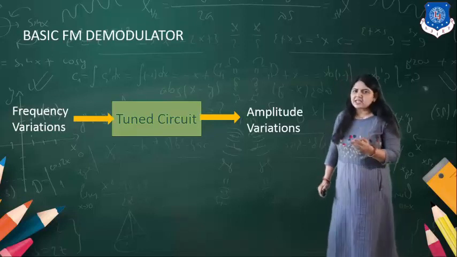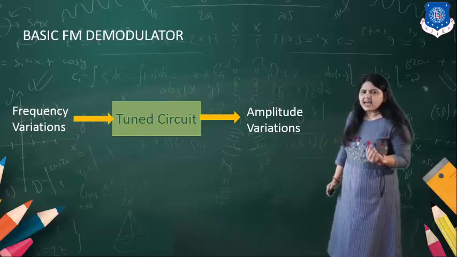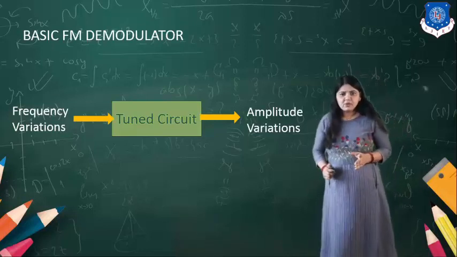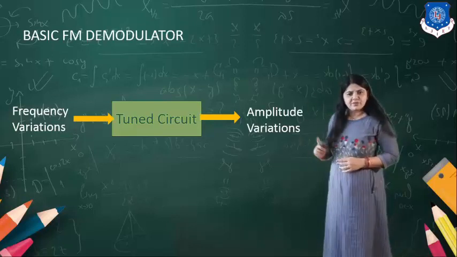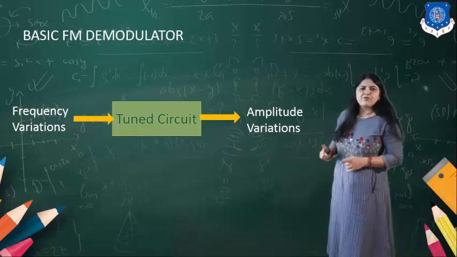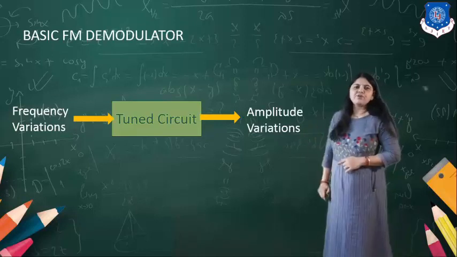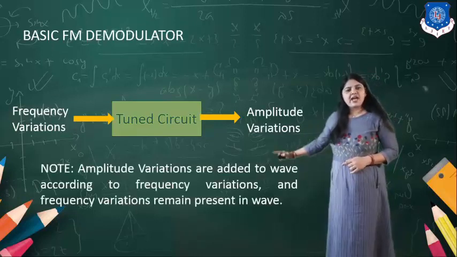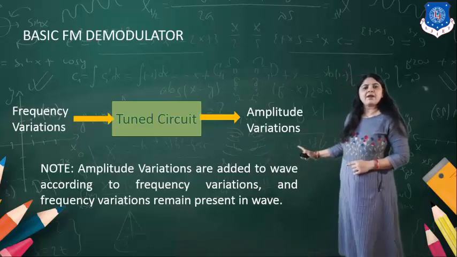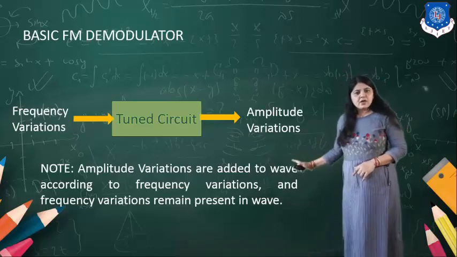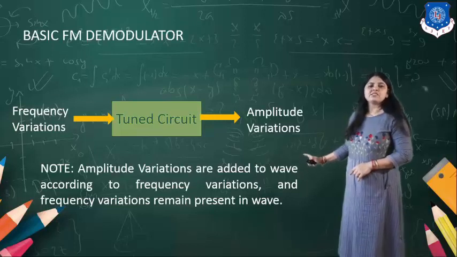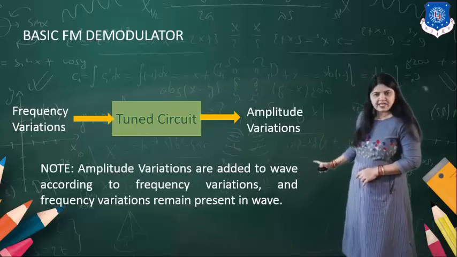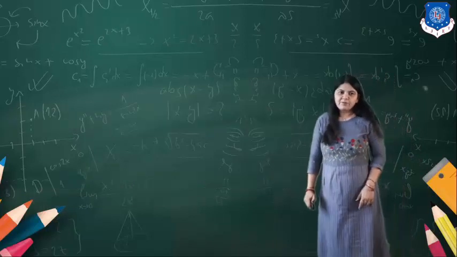By varying the capacitance value, there is a change in the frequency, and from that change in frequency we find the amplitude variations also. So amplitude variations are added to the wave according to the frequency variations, and the frequency variations remain present in the wave.